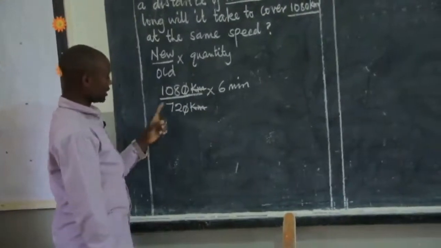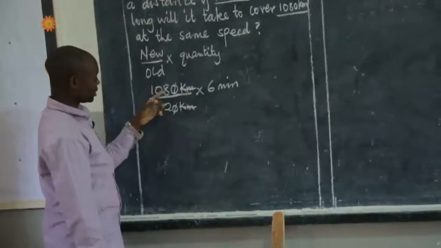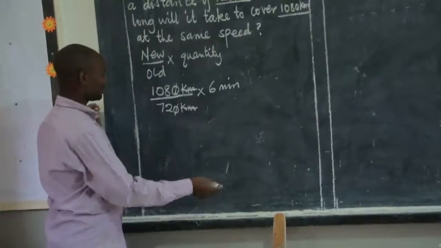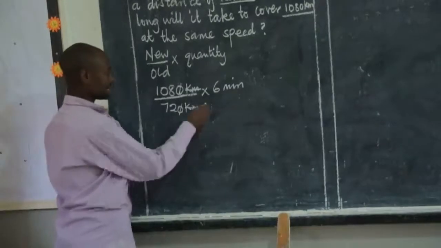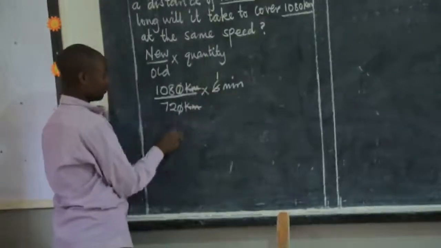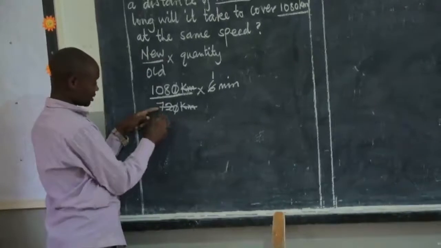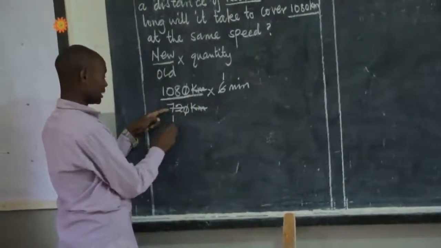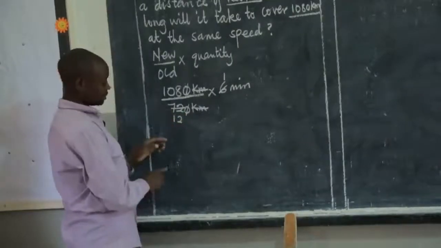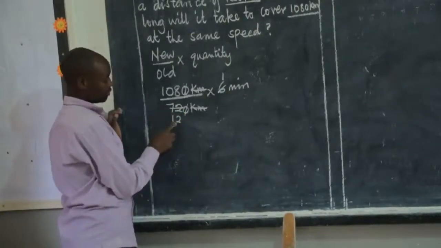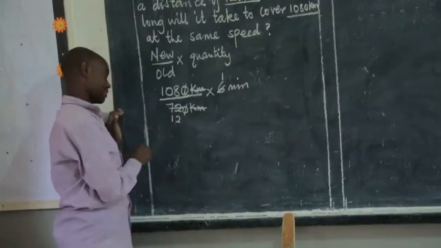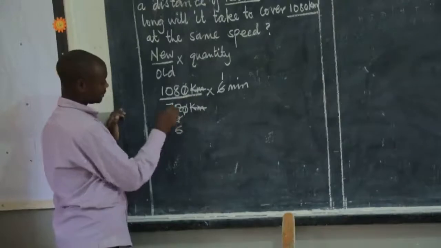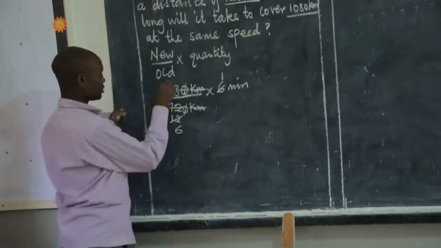Which number can divide 72 at the same time? You can decide to reduce by 2, you can decide to reduce by 6, so you can use any number. Let me reduce by 6. 6 divided by 6, 1. 7 divided by 6, it is 1. The remainder is 1. Put it there to make it 12. 12 divided by 6, you get 2. So it means I have to reduce 12 in 108. Which number should I use? Let me use 2. When you reduce by 2, you get 6. When you reduce by 2, you get 5.